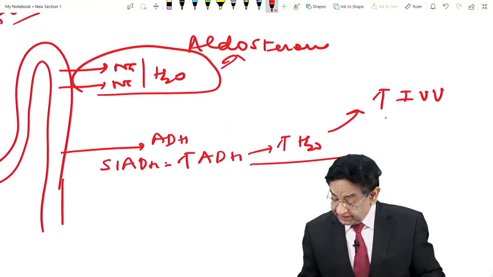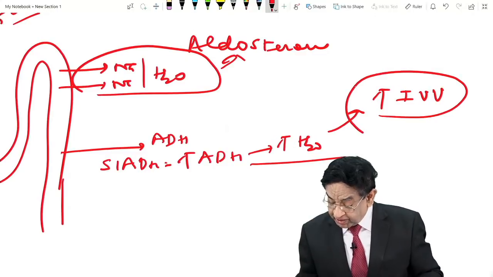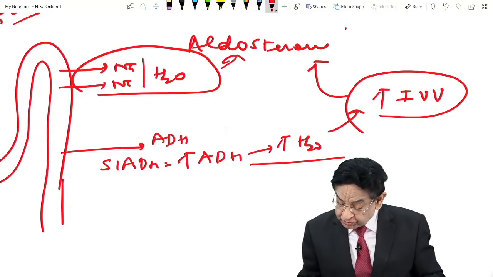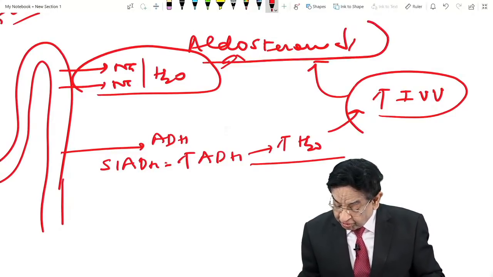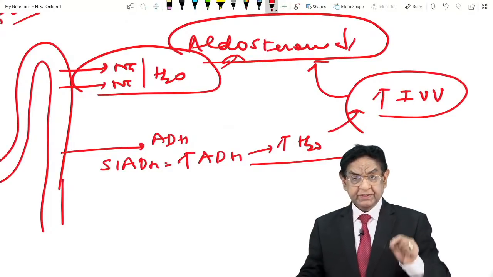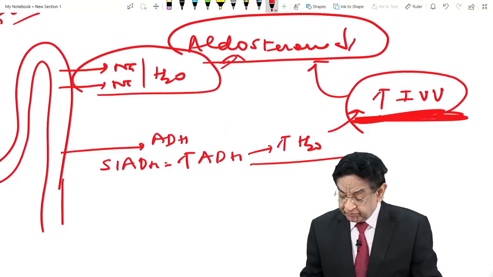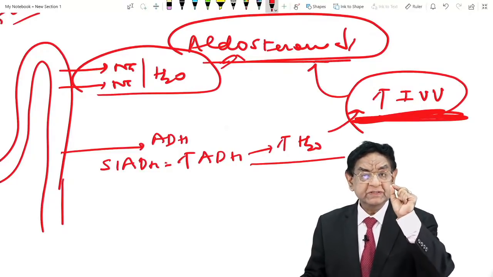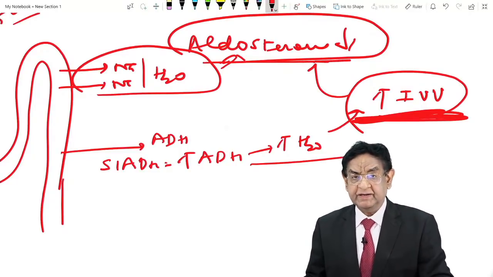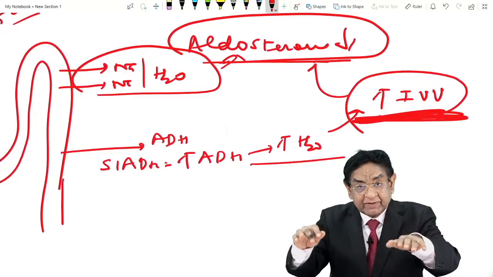Now this increased intravascular volume will go and reduce the level of aldosterone. It will cause suppression of aldosterone. Now aldosterone level will go down.